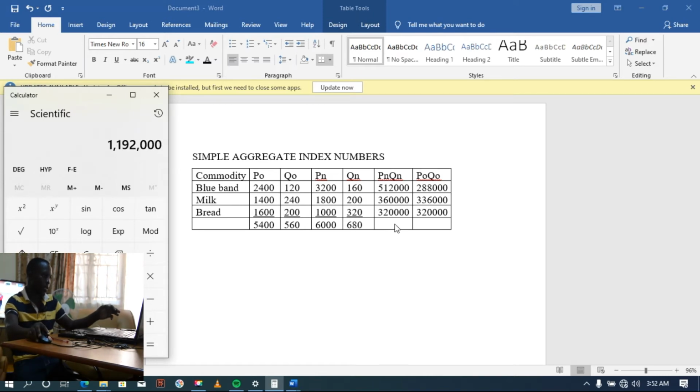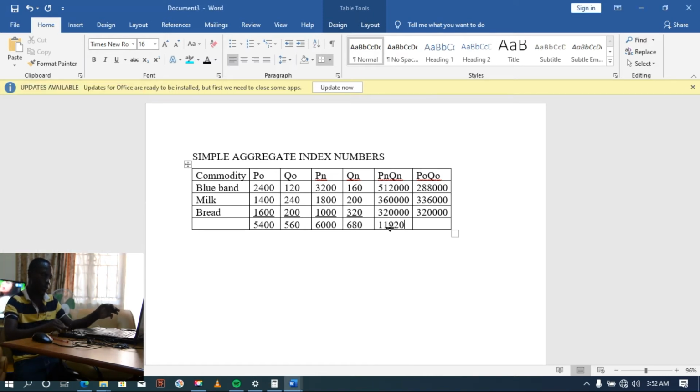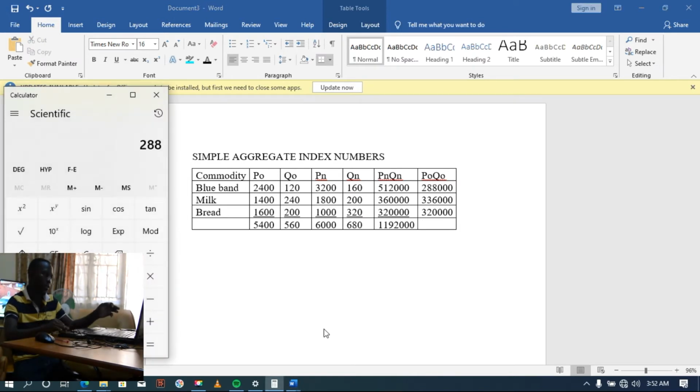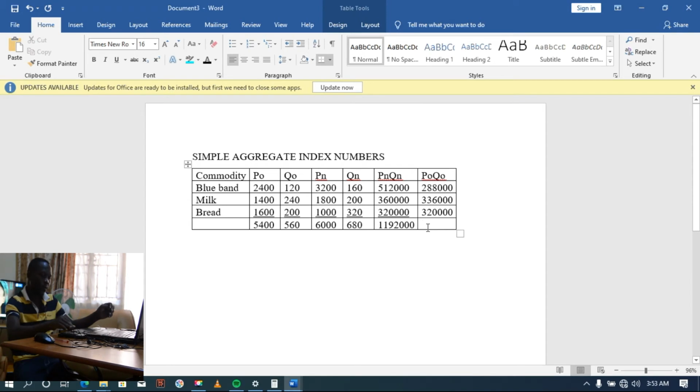That is 1,192,000. Then we come to POQO. POQO shall have 288,000 plus 336,000 plus 320,000. That is 944,000.